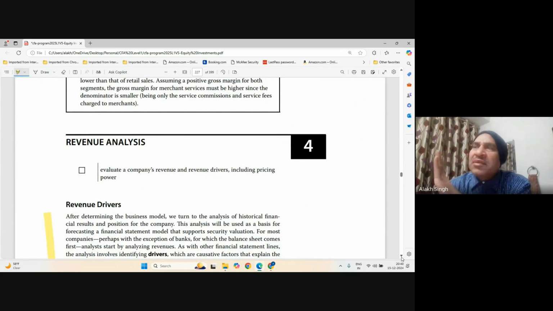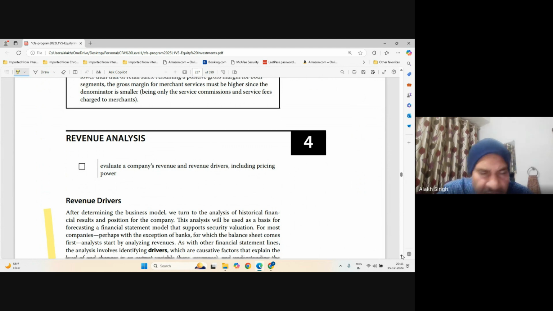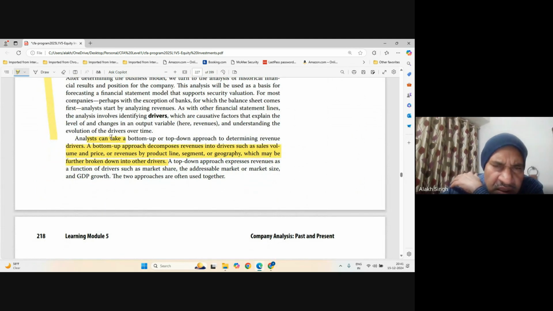Okay, so revenue analysis. The first part was the business model. Then the second part is revenue analysis, meaning the income statement. And then what are the revenue drivers? Drivers are the reasons for revenue. The analysis involves identifying drivers.